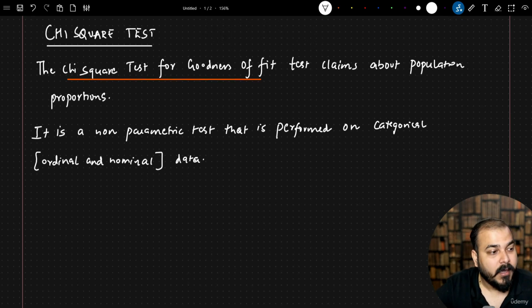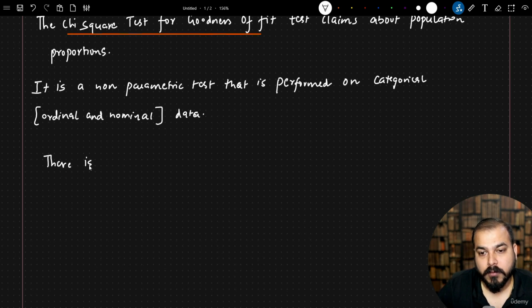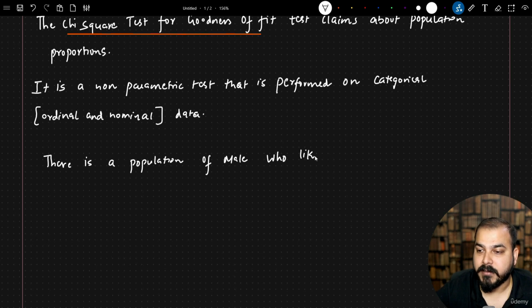Now with respect to the example, let's consider that there is a population of males who like different color bikes.